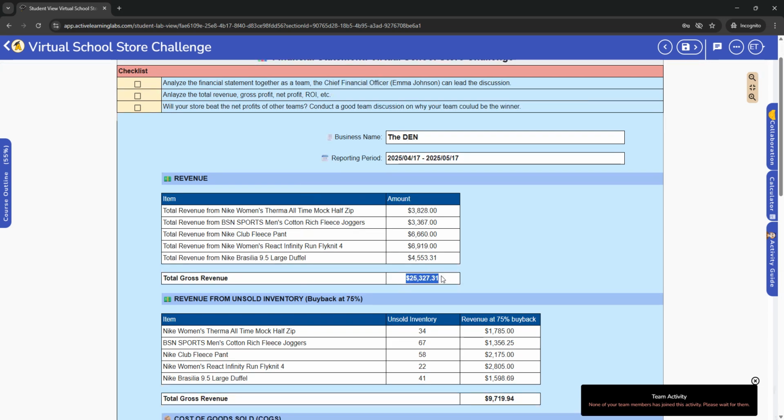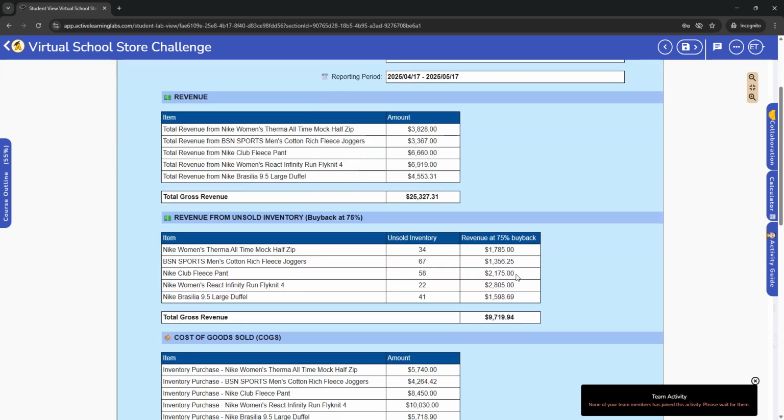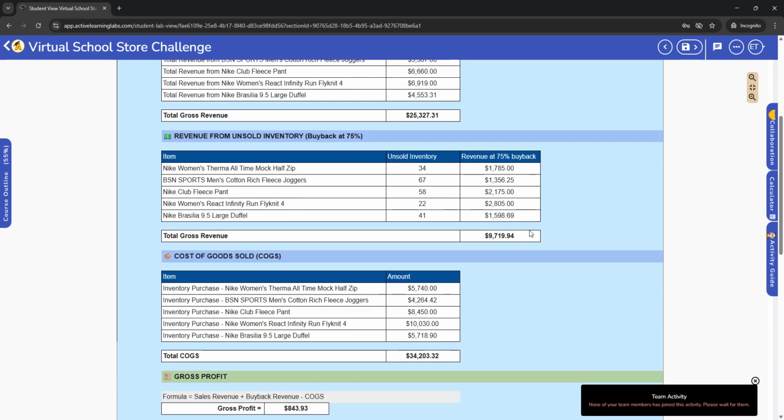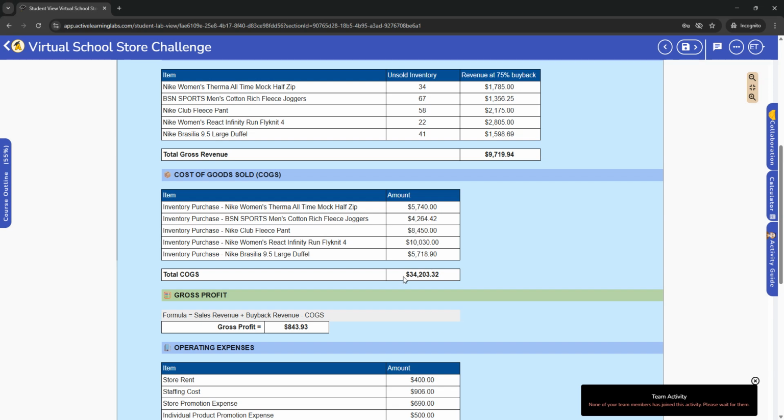Here is the total gross revenue for your store, and you had a lot of unsold inventory, all of which you sold at a 75% buyback price to the vendor from which you purchased, which is BSN Sports in this case, and you got 9,000 revenue from the buyback.